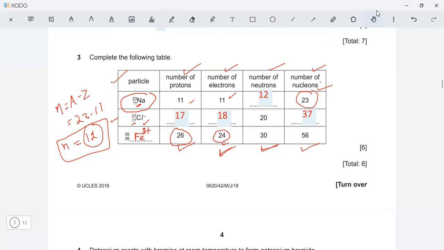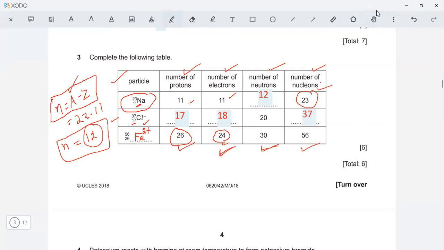So the number of neutrons, how are you going to find it? Basically by means of this formula you will find the number of neutrons. The number of neutrons is calculated by subtracting the proton number from the nucleon number.